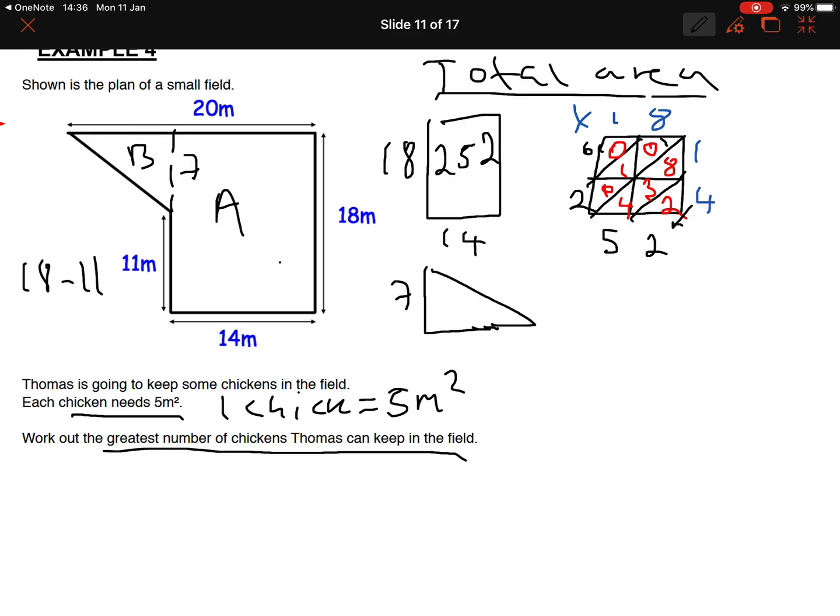Going across, well, the length from this point to this point is 14, and the distance from there to the whole thing is 20, okay? So therefore, this little bit here would be 20 minus 14, which is 6, okay?